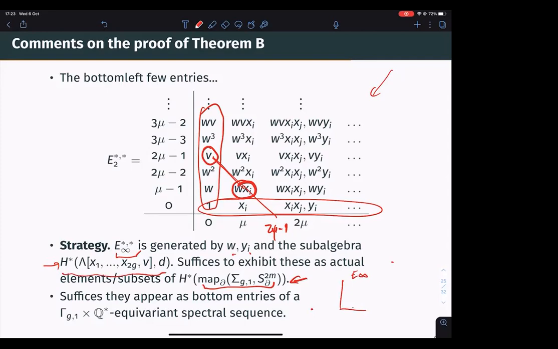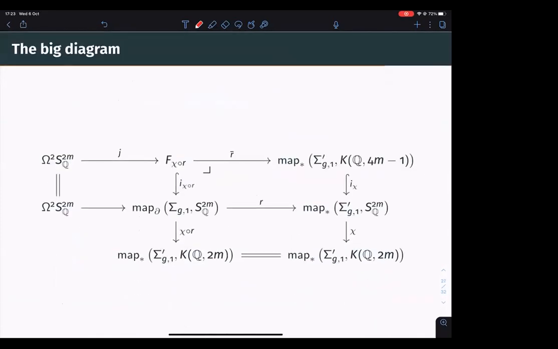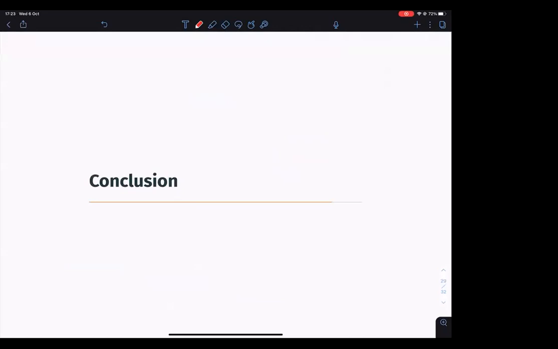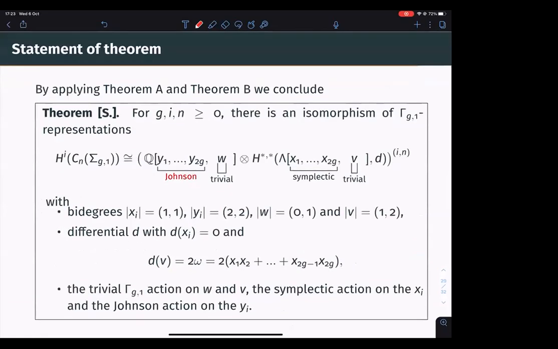Let's not discuss this more now, but if you want to ask me later, I'll skip this bit and not discuss more the proof of that. Let me tell you now what the conclusion is out of all this, so that we're done vaguely on time.